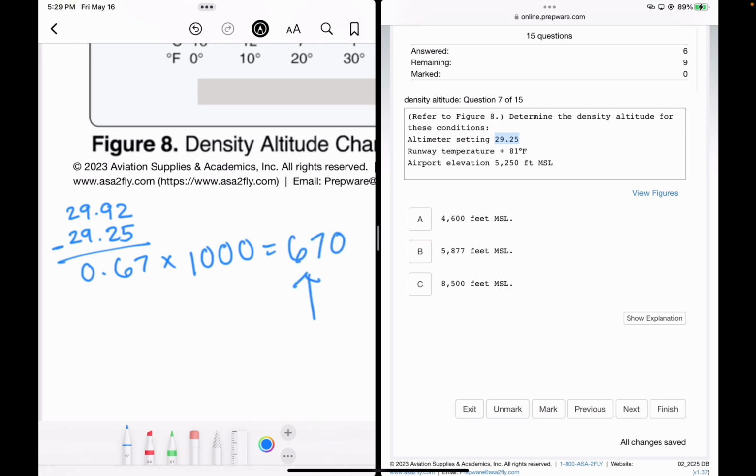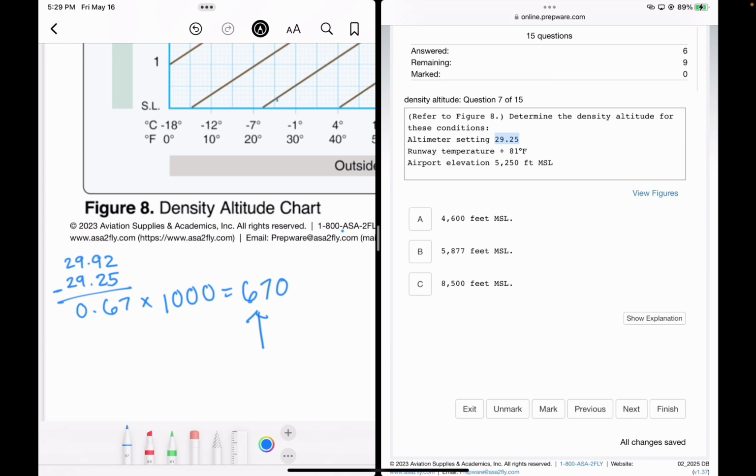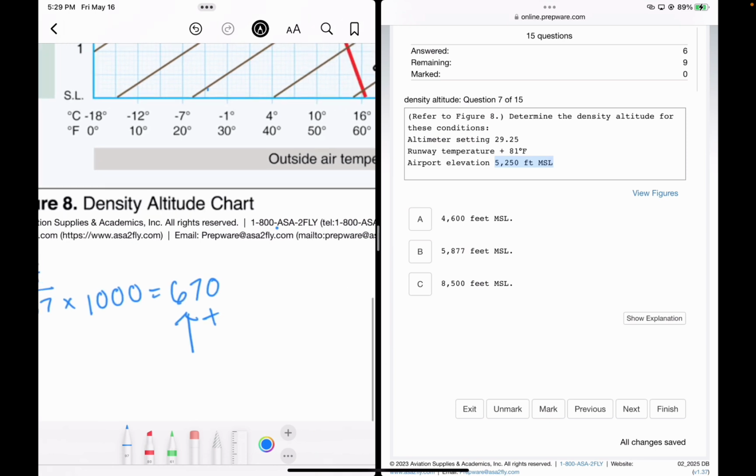And you take that number and you add it to your airport elevation. So that would be 5250, and then you would get 5920.